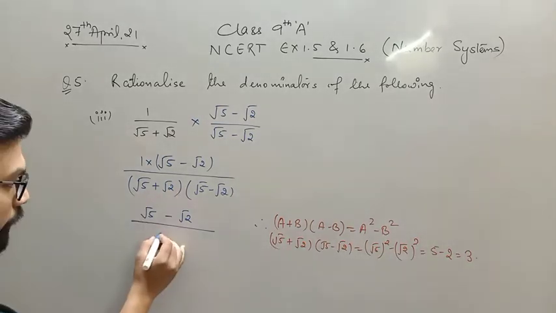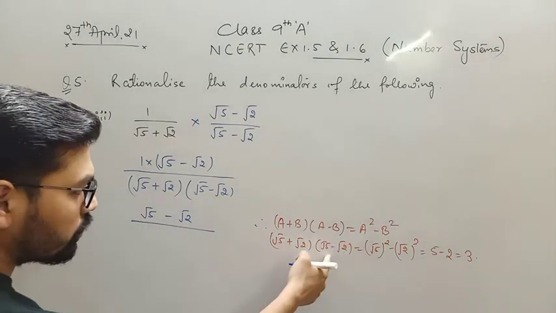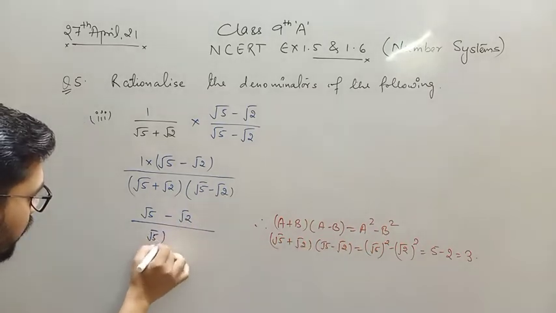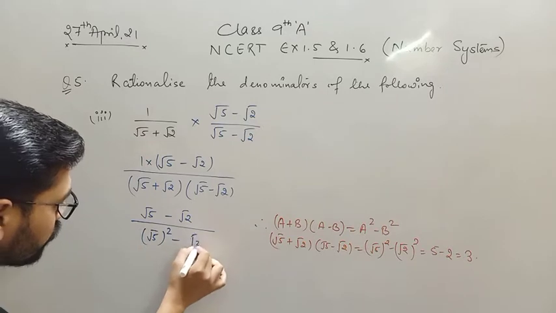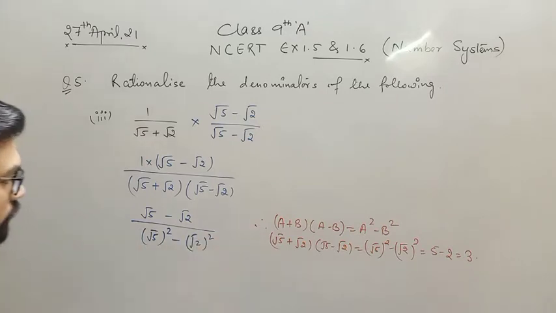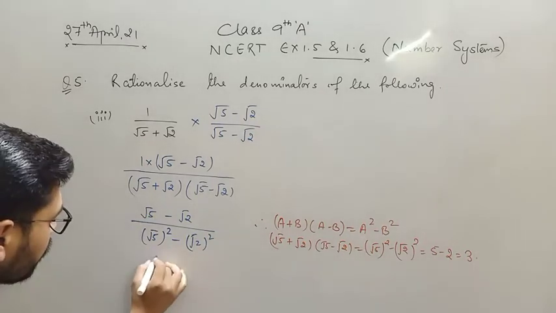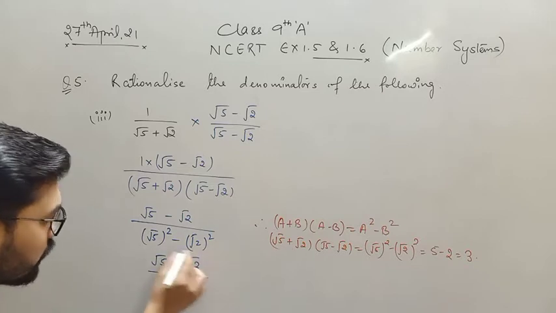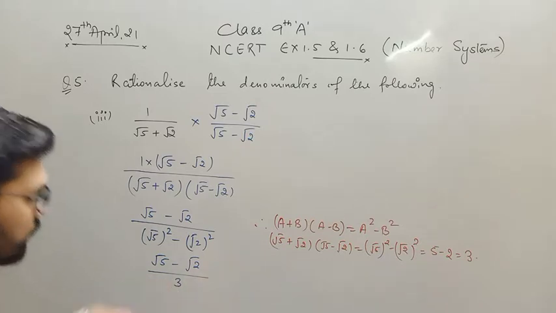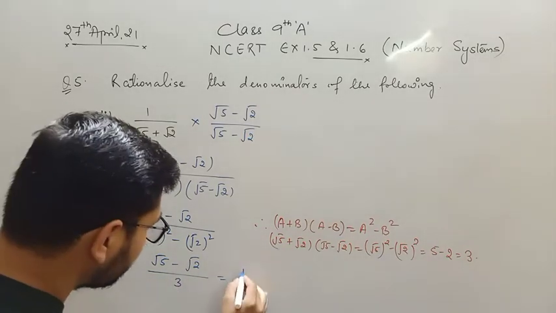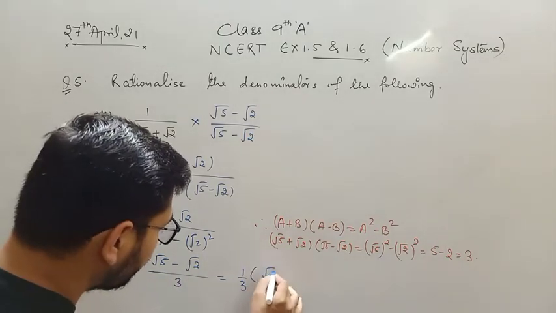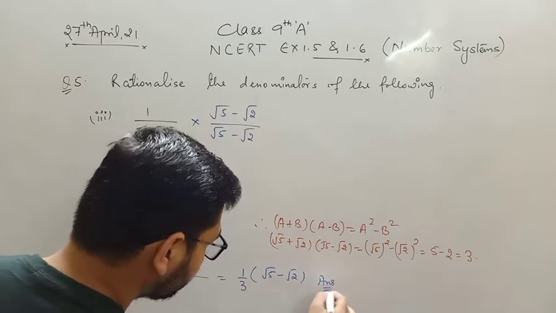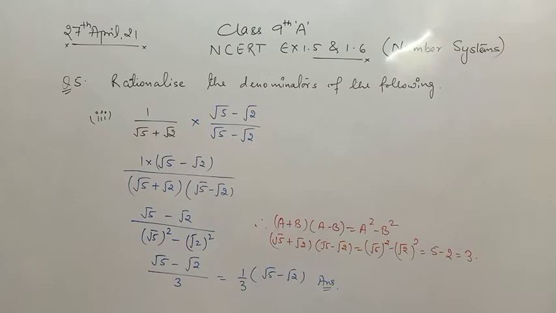Now in the numerator I have root 5 minus root 2, and in the denominator I get 3. So this is my answer, that 1 upon 3 bracket root 5 minus root 2 is my answer. Please note it down fast.